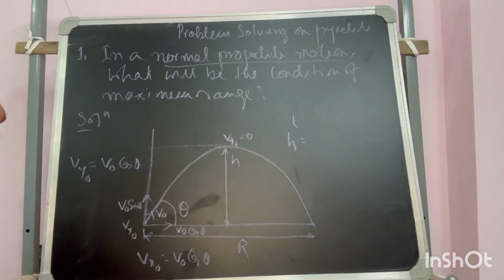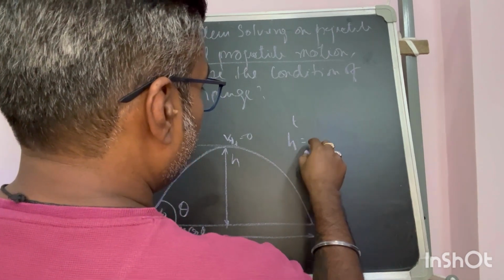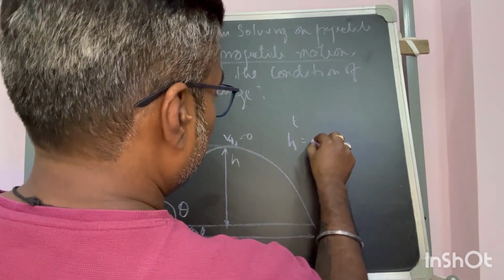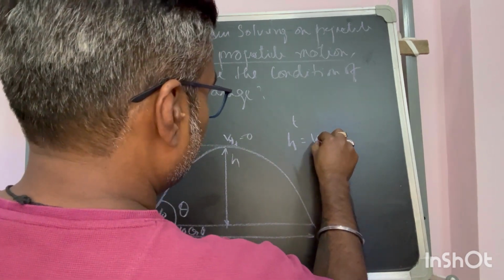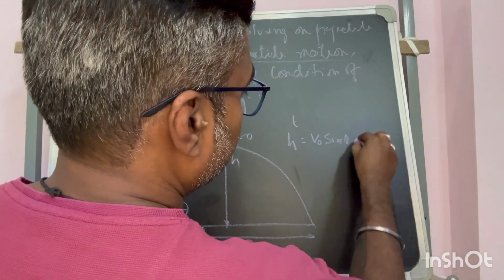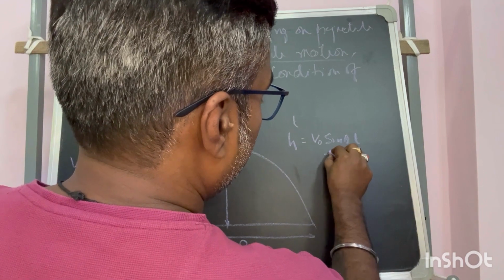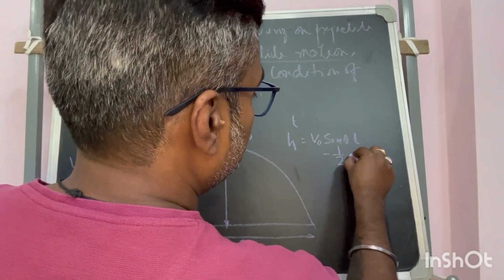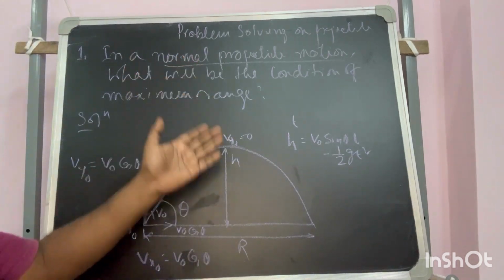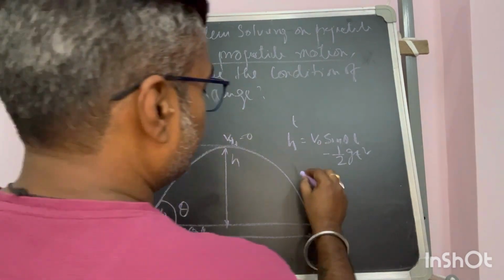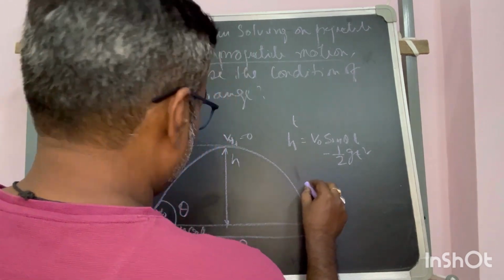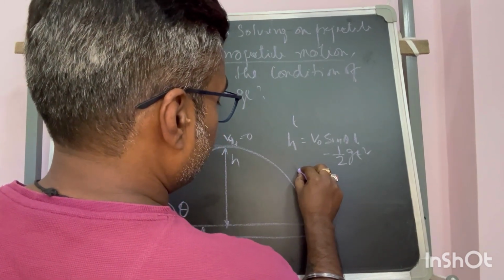So the total height will be the initial velocity v0 sin theta into t, minus half g t square, as for the case of motion against gravity. The other one is the final velocity, which is 0.